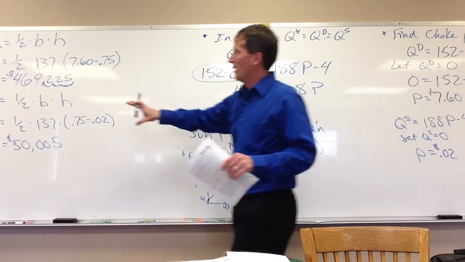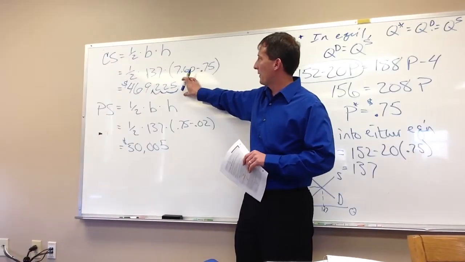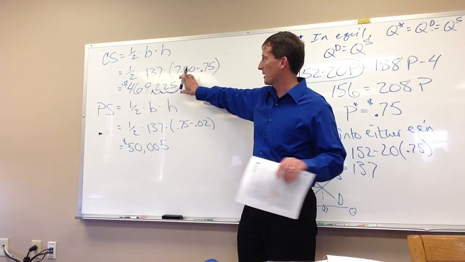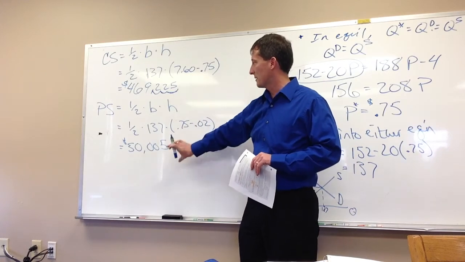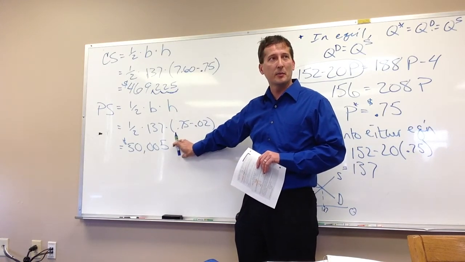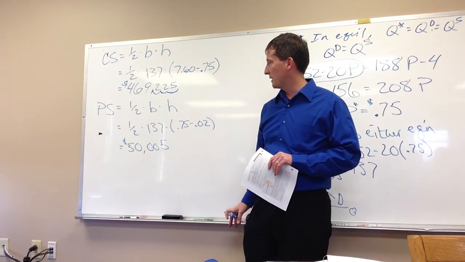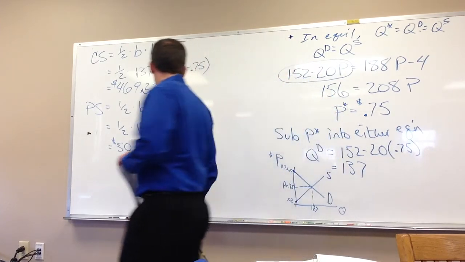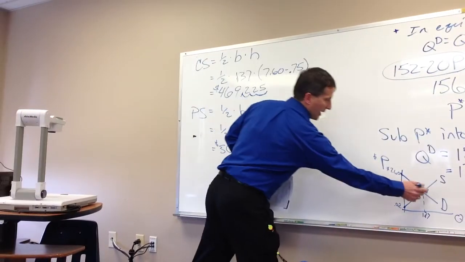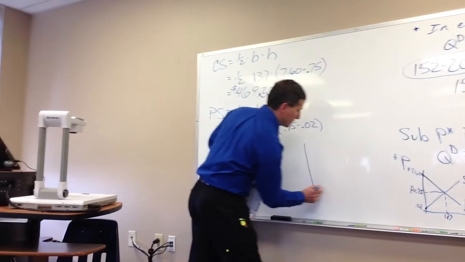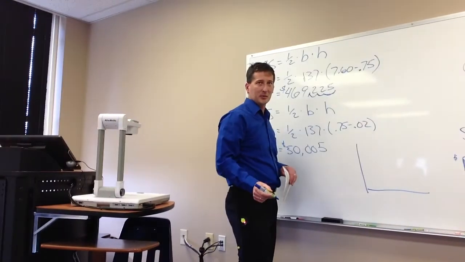We've got to be able to figure out how to get to these answers. All right, so the dollar value of welfare to consumers from this market is $469,000. Dollar value welfare for producers is $50,000. When I drew my little home base there, bear in mind that's not the way this really looked.